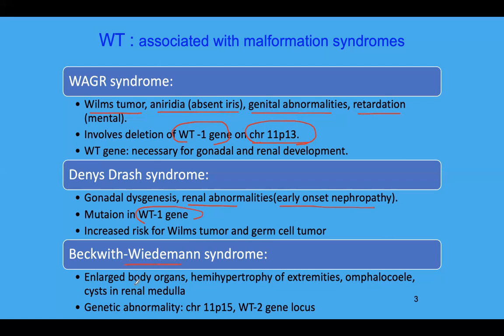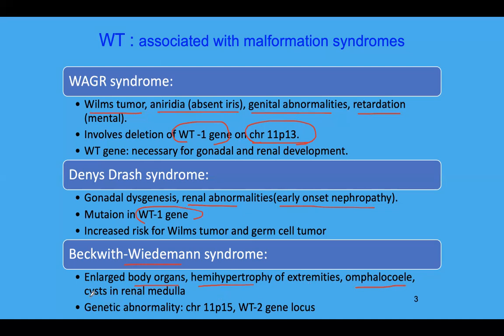So here there are enlarged body organs. There may be macroglossia, and various other internal organs may also be hypertrophied, like the adrenal cortex. There is also hemihypertrophy of extremities, and congenital abnormalities like omphalocele, a kind of abdominal herniation, may also be seen.